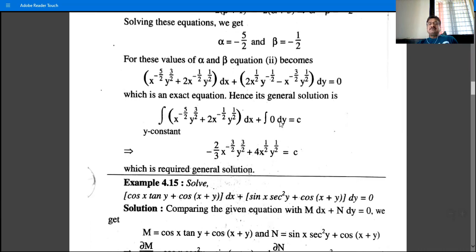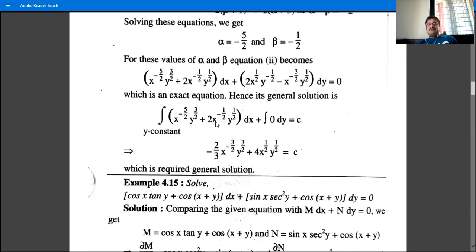Integration of M dx plus terms in N independent of x dy is equal to 0. So there is no term independent of x, there are two terms, this depends on x, this depends on x, so 0 dy, and this is M as it is dx, and so integration is what? Take y as constant, so integration is with respect to x, means y is constant, y raised to 3/2 is constant, and integration of x raised to −5/2 is what? x raised to −5/2+1, means x raised to −3/2 divided by −3/2, means into −2/3.